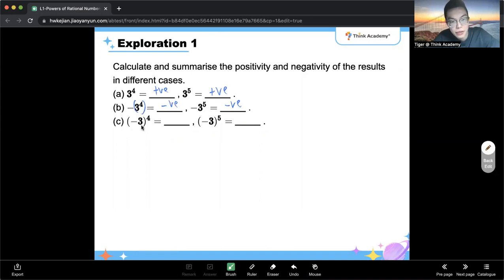What about -3 in brackets to the power 4? Is it positive or is it negative? Yes. This is positive because we have a negative base and an even number power. So whenever we have an even number power, it's going to make it positive. What about the last one?